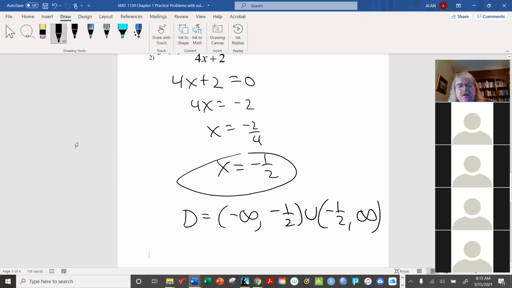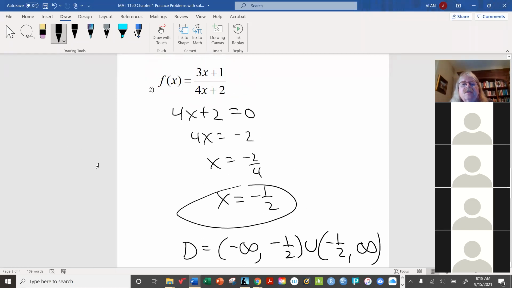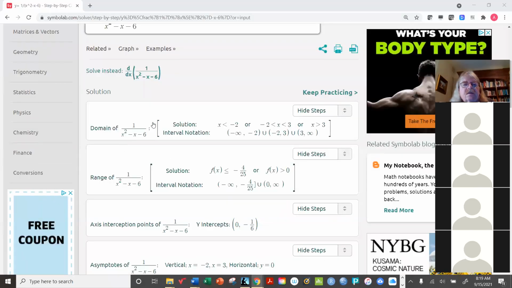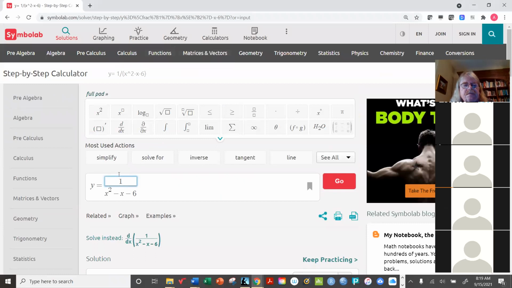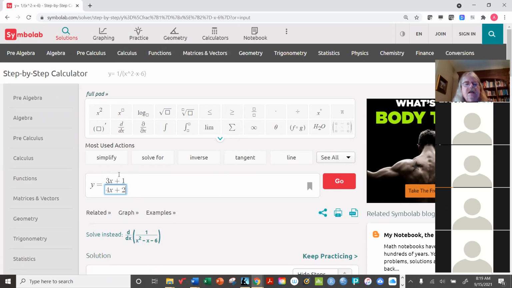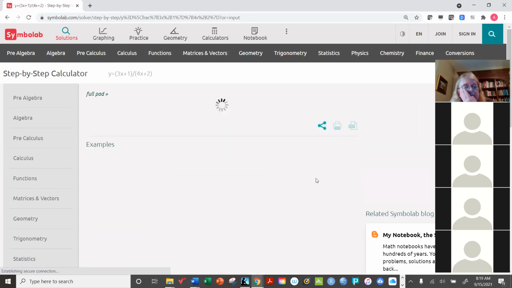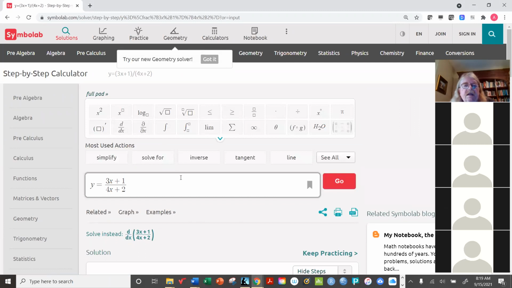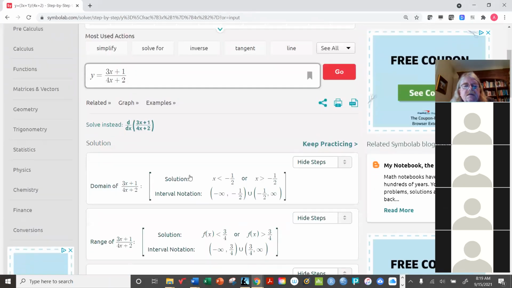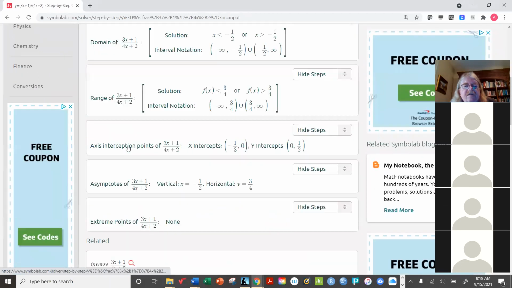And again, if you want to confirm this, let's go to Symbolab. 3x plus 1 over 4x plus 2. And it should show up as a vertical asymptote at x equals -1/2. Let's take a look at it. And let's take a peek at the graph.